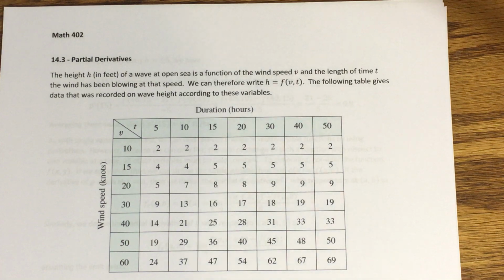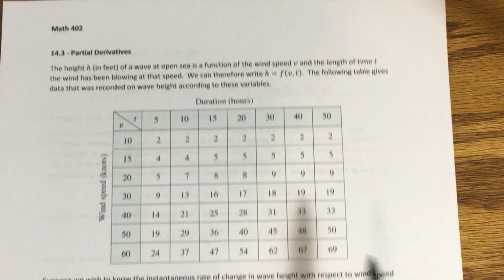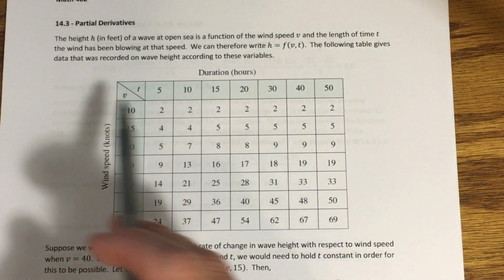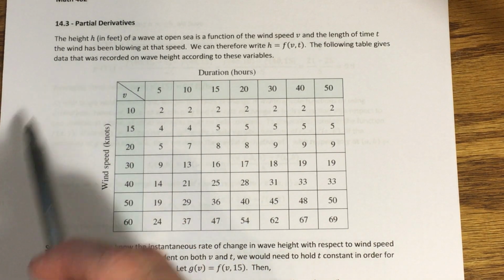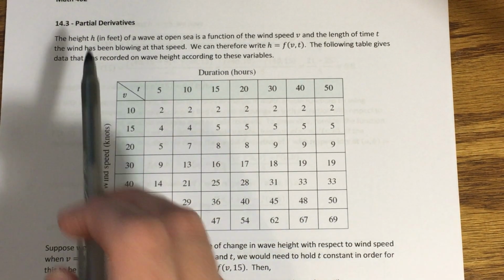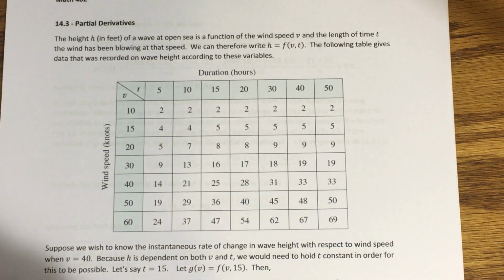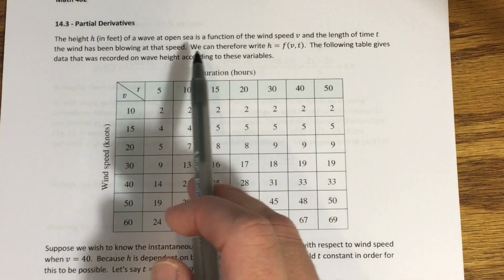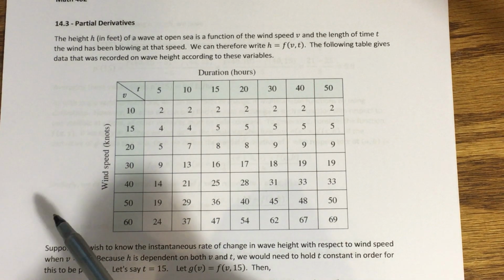So let's suppose we have this table here, and what this table represents is heights of waves at open sea. H is going to represent the height of some wave at open sea. That height is a function of two variables.